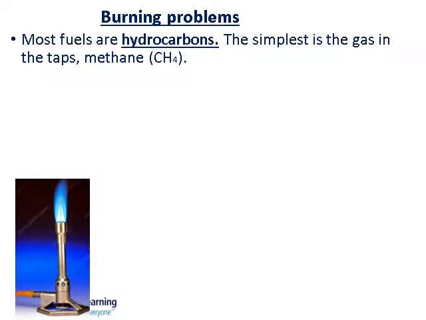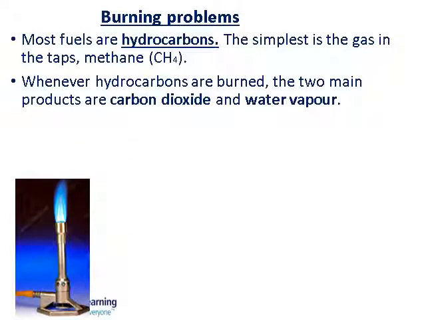So, if we use an example of a fuel, a common example is methane, which is CH4. That's known as a hydrocarbon because it's made out of hydrogen and carbon. And whenever hydrocarbons are burned, the 2 main products are carbon dioxide and water vapour, which are 2 examples of greenhouse gases.